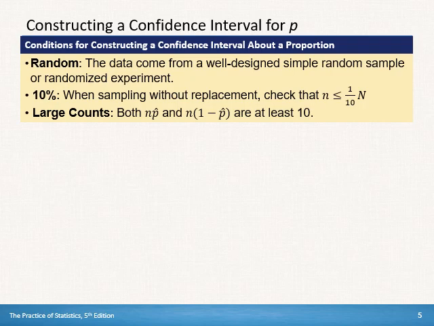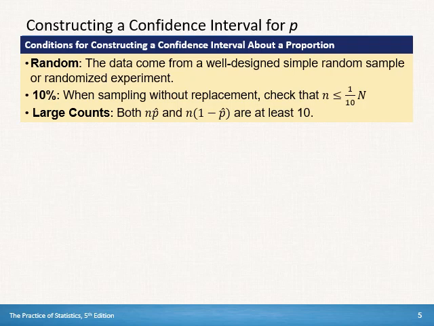We'll get to this idea of a randomized experiment more in later chapters, but it's a randomized experiment or a simple random sample. We have to make sure that our independence isn't violated too badly by checking our 10% condition, checking that our sample size is not bigger than 1/10 of our population. And then the large count conditions.